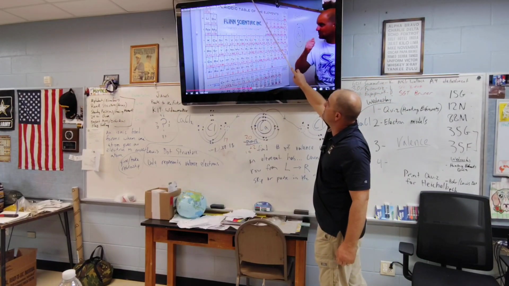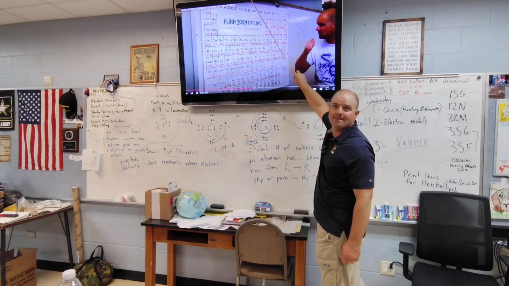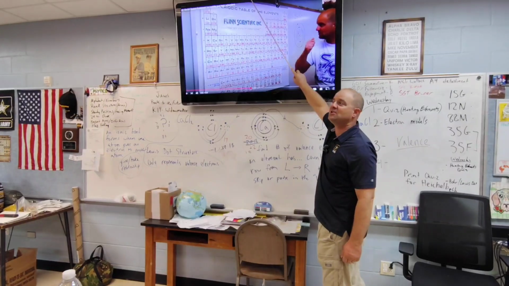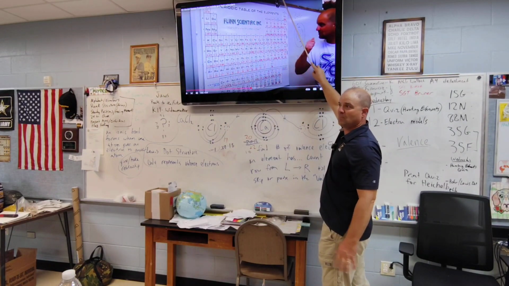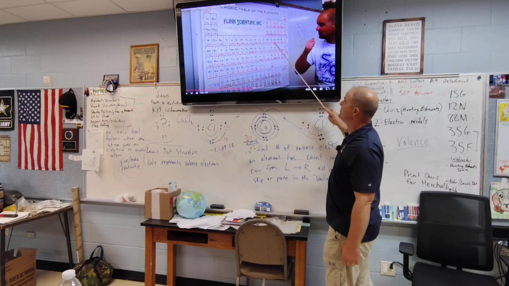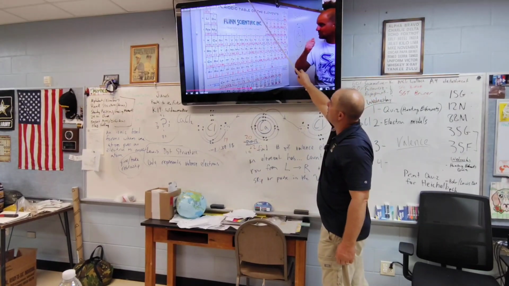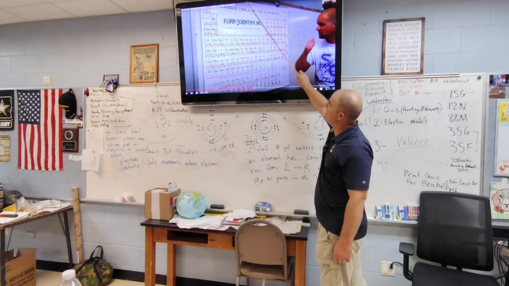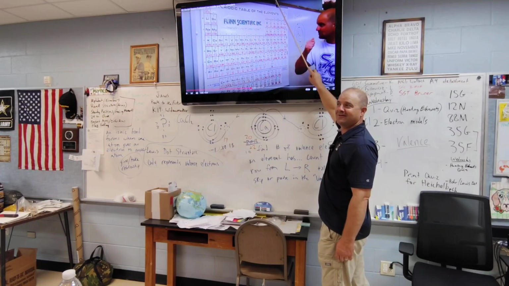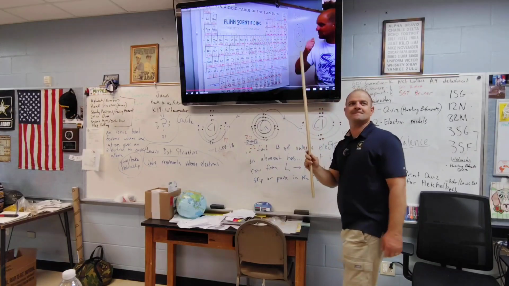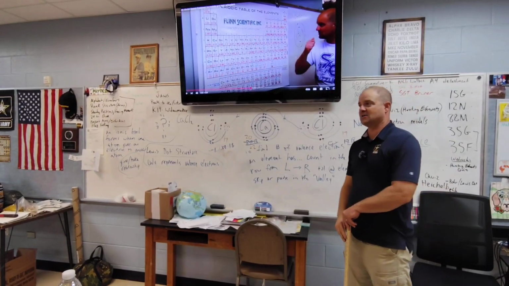Also, something to think about. What's this dividing line? Metals to nonmetals, right? So the metals are over here. The nonmetals are over here, mostly, right? We've got these metalloids down the middle. If you want to bond a metal with a nonmetal, what type do you think it'll use? Ionic.